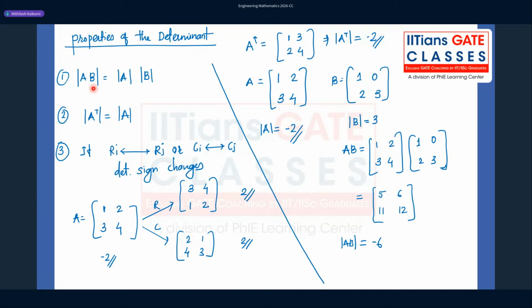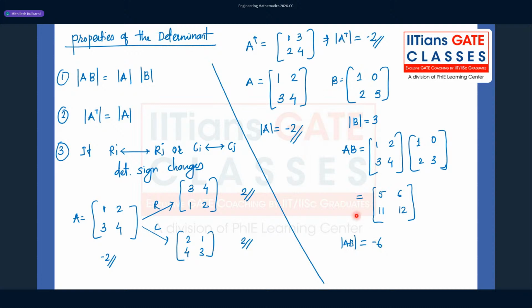Determinant of AB is equal to determinant of A into determinant of B. Let's take one example. I have a matrix A, which is 1 2 3 4, and another matrix B, 1 0 2 3. If you multiply them, you'll get AB as a matrix, and the determinant of this matrix is minus 6. Determinant of A is minus 2 and determinant of B is 3, so minus 2 into 3 is minus 6.